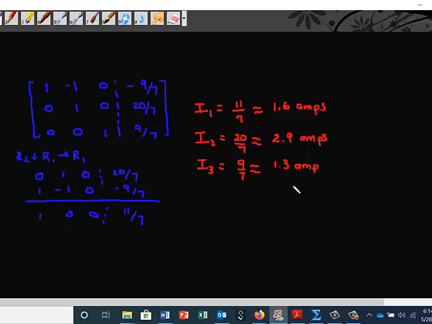And actually, you can take these fractions and substitute them back into the original equations just to check your solutions and to see if I'm correct. This is correct. I checked earlier. And so this concludes Kirchhoff's second law for solving the system, the circuit.